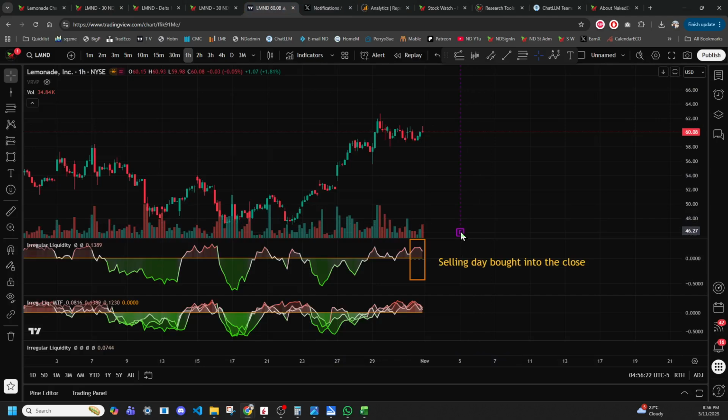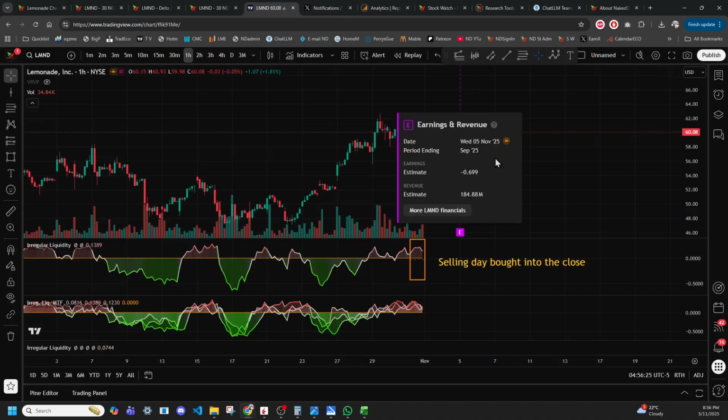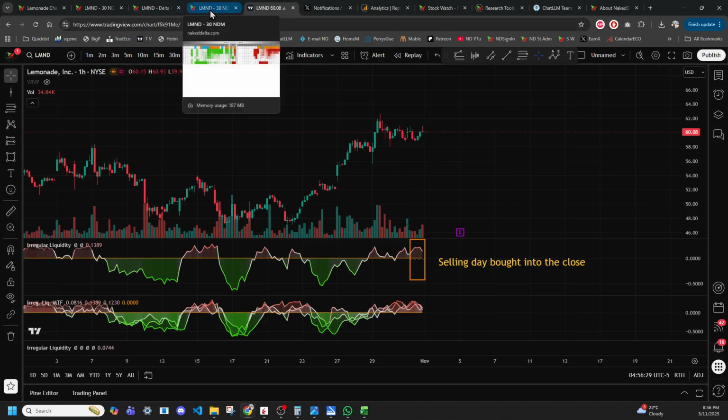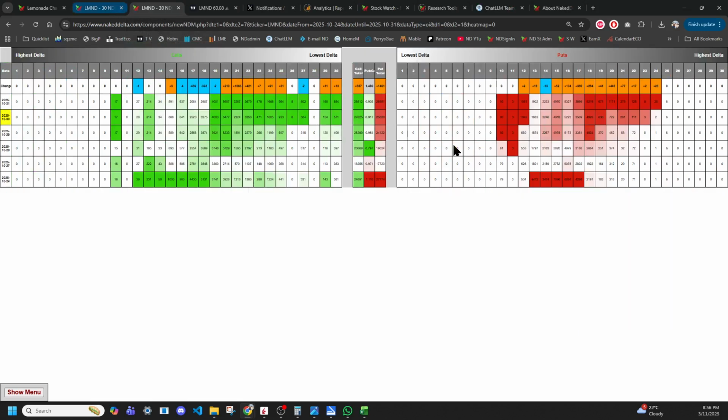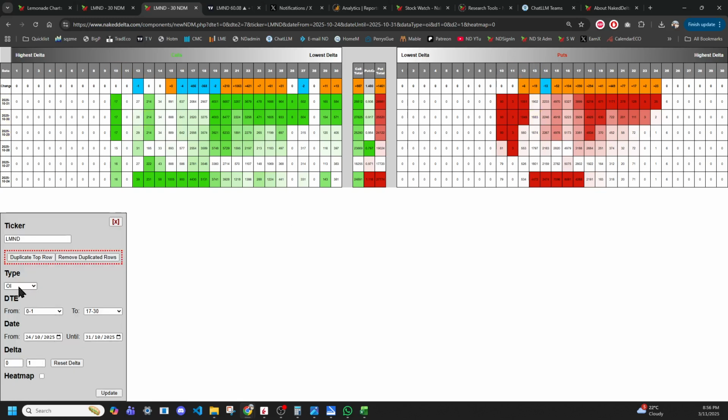So if we have a look at it, on Wednesday, the 5th of November coming up, we have an option expiry. And so a lot of traders have decided, in the last 3 days, because of the changes in IV, and if we have a quick look at it, we can probably see that IV has got more expensive.